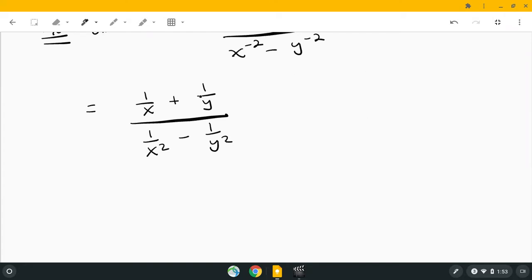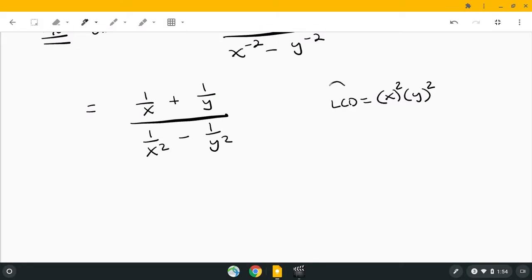So I have to take a look at all of my terms. I have 4 of them, and I have to find the LCD. So I see the family x is going to be there, and I see the family y is going to be there, and I do have exponents here, so it's going to be x squared and y squared.